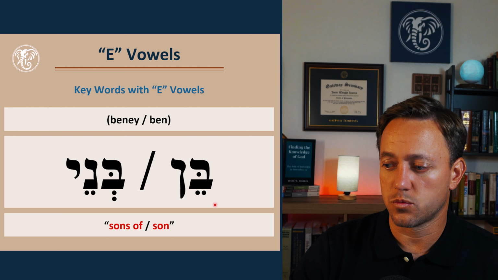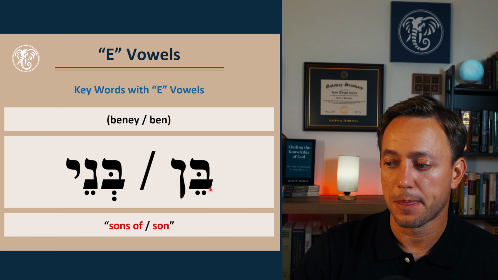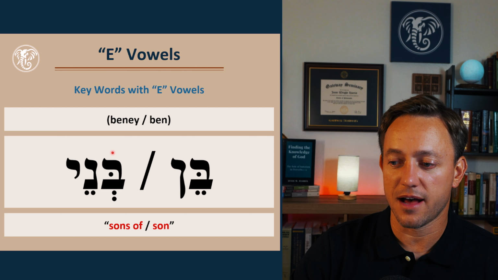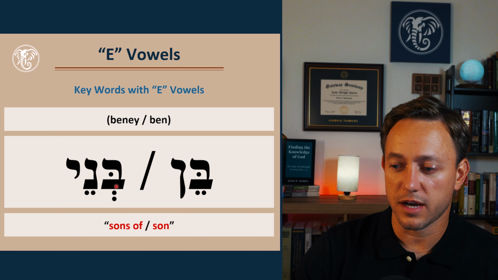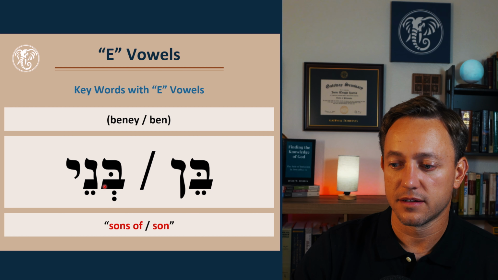So we have this word again, Ben, with the sere, but you'll notice here we have B'nai. So this one has the shava plus the sere yod.